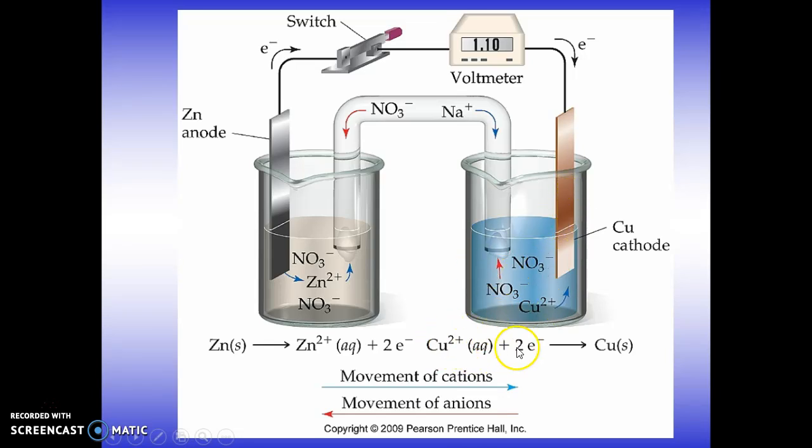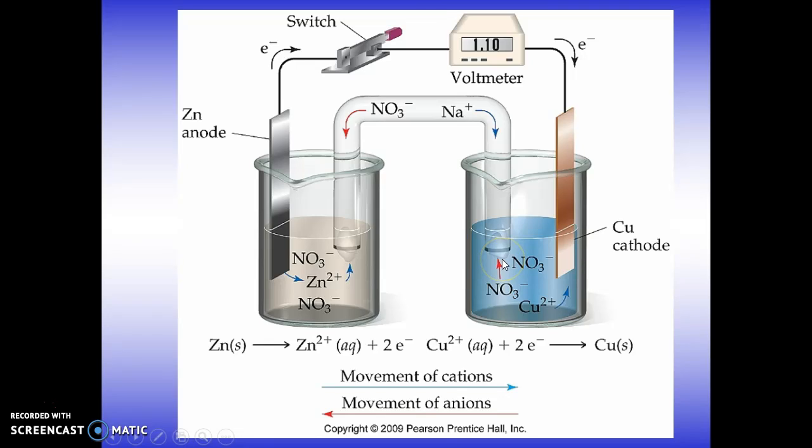And so on the surface of this electrode, what's happening? Copper ions are going to migrate to the surface, connect with the electrons that are coming through the wire, and create copper metal. So this electrode is actually going to be losing mass. Zinc is disappearing to zinc ions. This electrode is actually gaining mass. Copper ions are going to deposit themselves as copper metal on the surface.